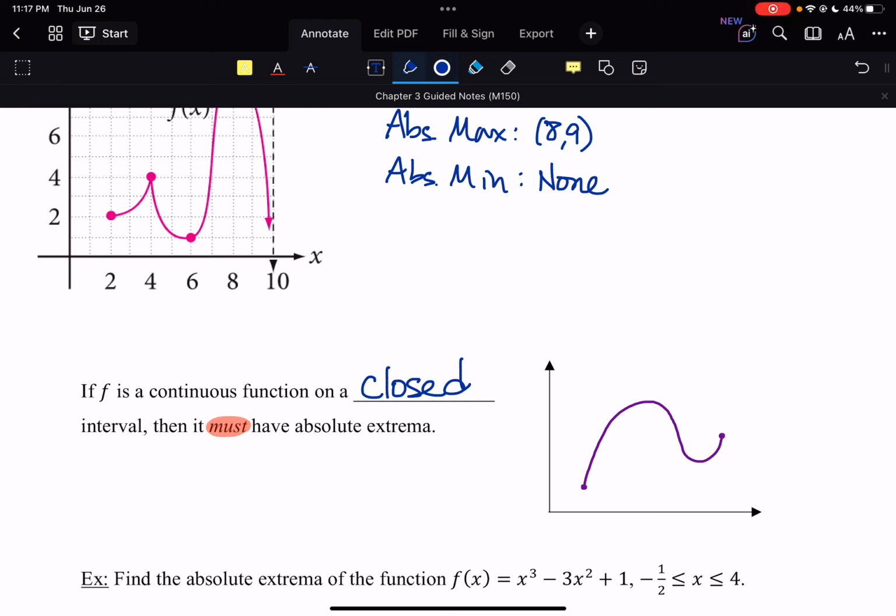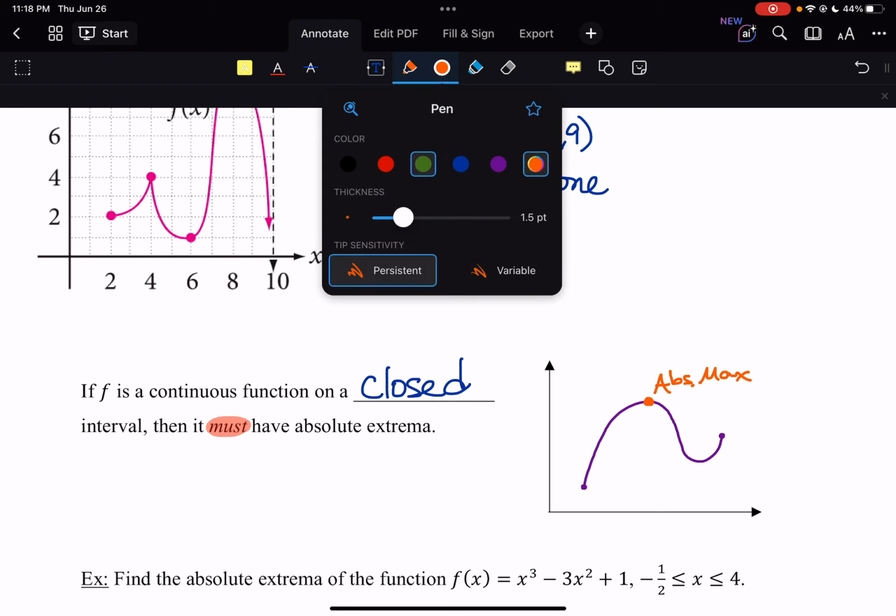If you know that the function is on a closed interval, okay, so it contains its own endpoints, and it doesn't have any jumps or gaps or asymptotes or anything like that, then it must have an absolute max and an absolute min. So on this graph that we're looking at right here, absolute max would be right about here, right?